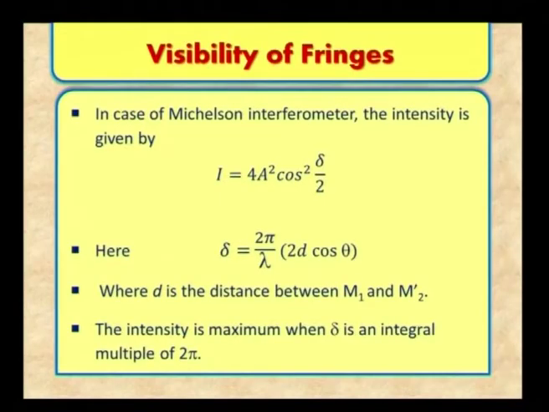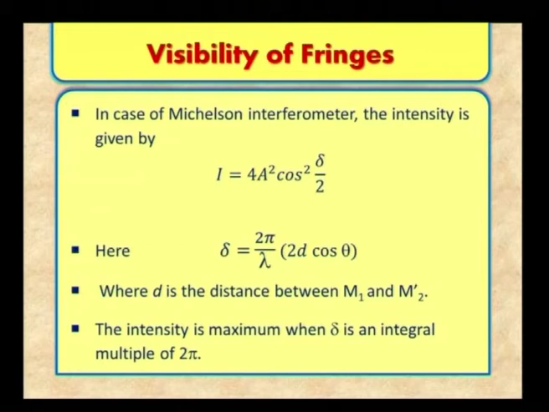By visibility of fringes, what I mean is the fringes should be stable. You should have a stable interference pattern. In the case of Michelson's interferometer, the intensity I is given as 4 times A square into cos square delta by 2. What is A?